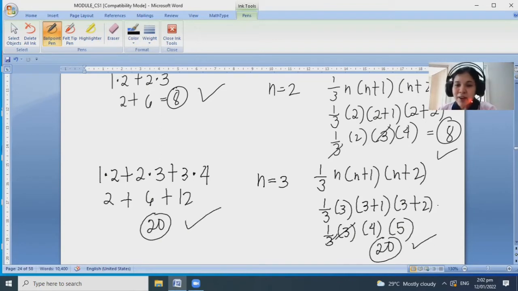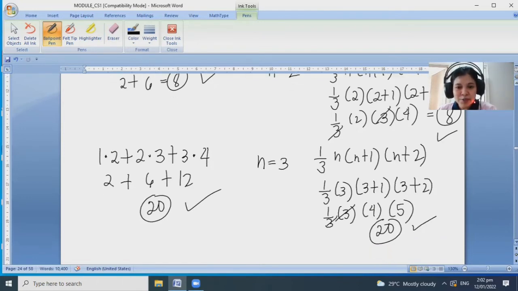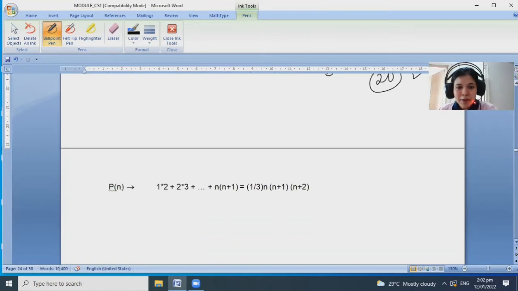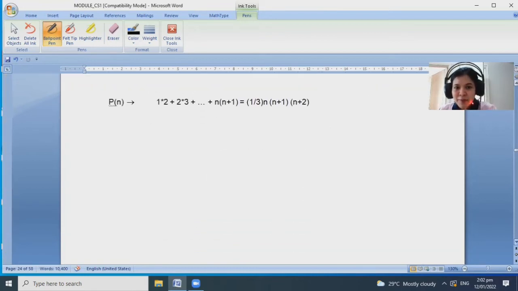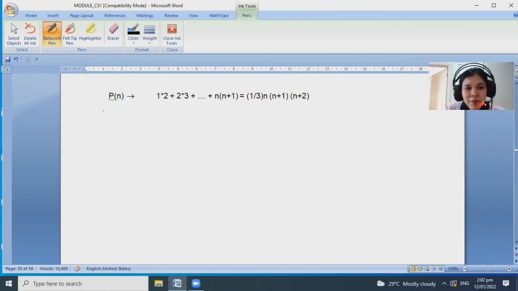Let us now apply the rules of mathematical induction. P of k is true and P of k plus 1 is true. Given our problem, the first step, let us have P of k. Supposedly, this should be true. Replace n by k.